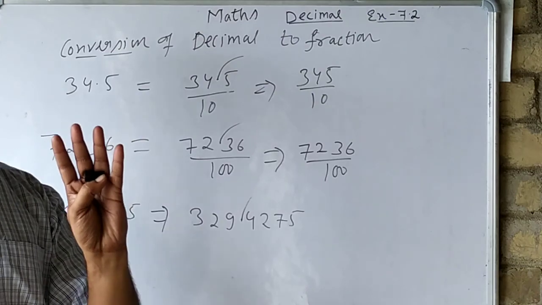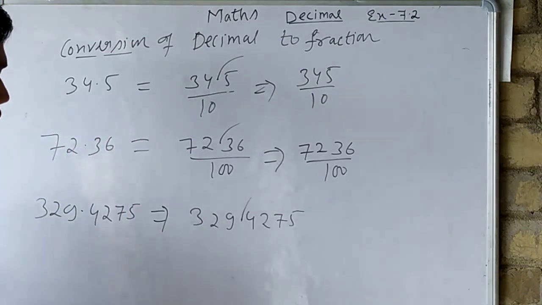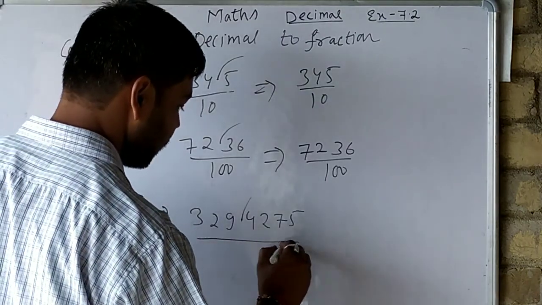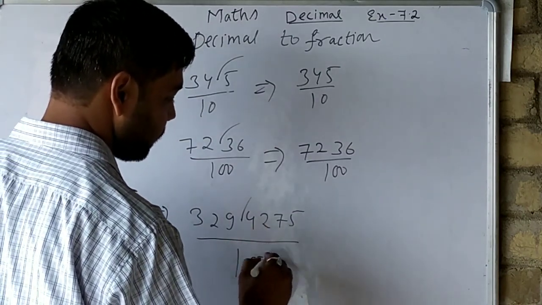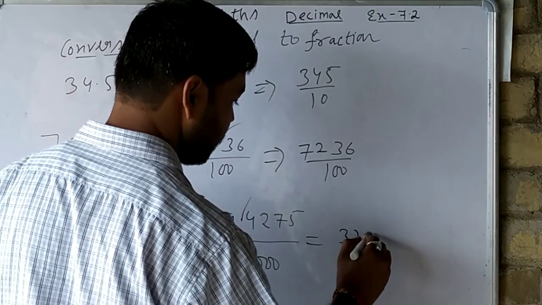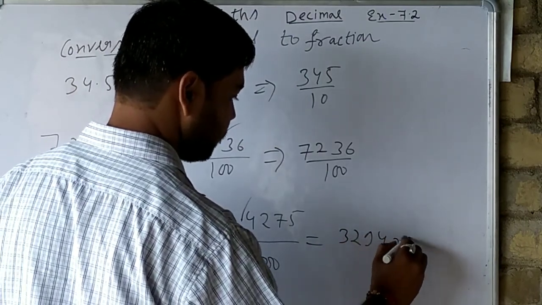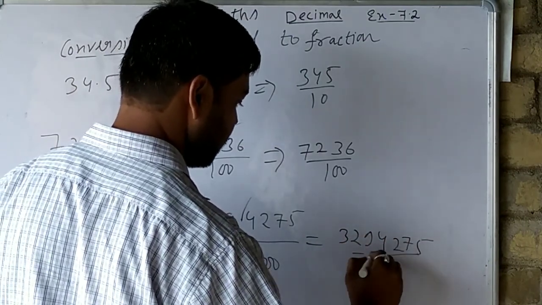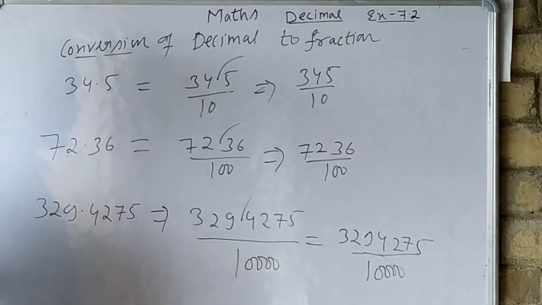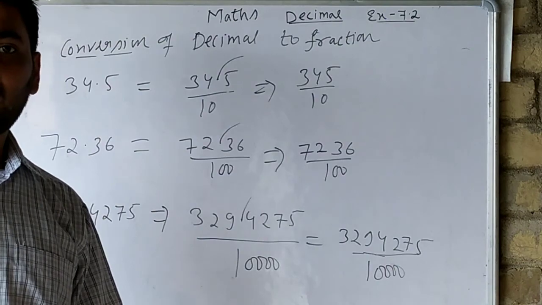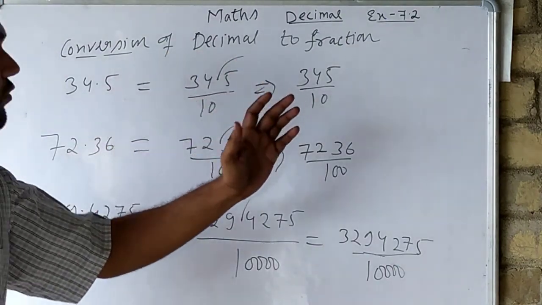The decimal is shifting 4 places. So what do we have to place? 4 zeros. 1 2 3 4. The answer will be 3294275 upon 10,000. So this is the way of converting decimals to fractions.